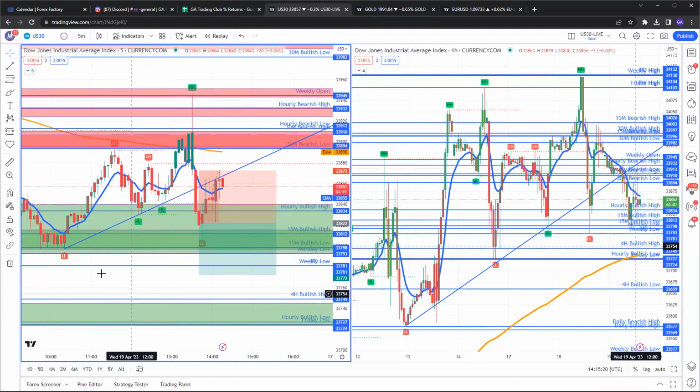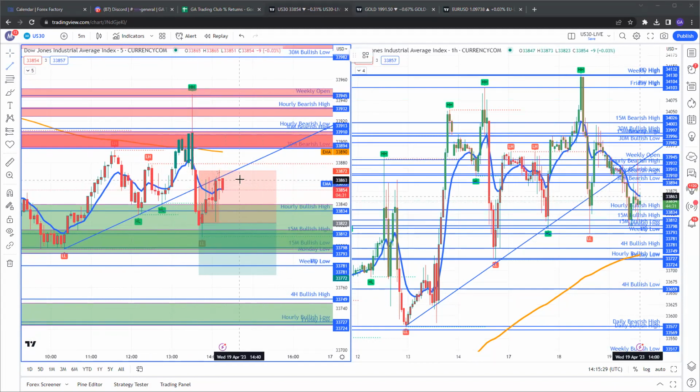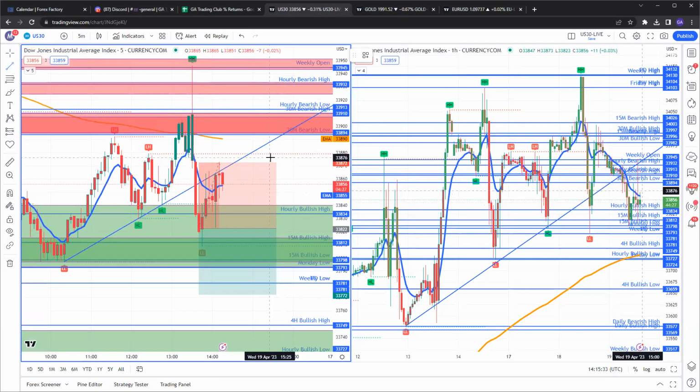Trying to see if I can find a trend line from the upside, and then you can see price is still being held by this. But I don't want to jump into any sell, so I'll just wait. Whatever happens with price is going to be determined by this trend line.